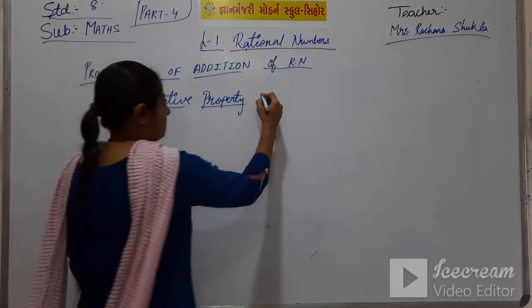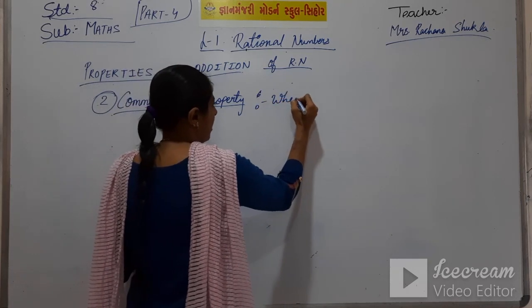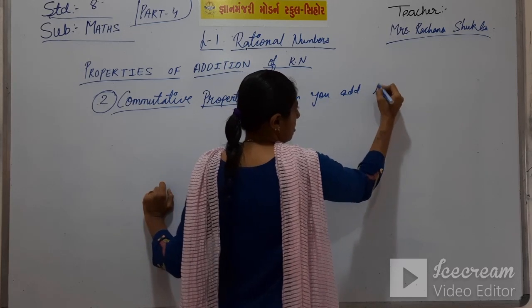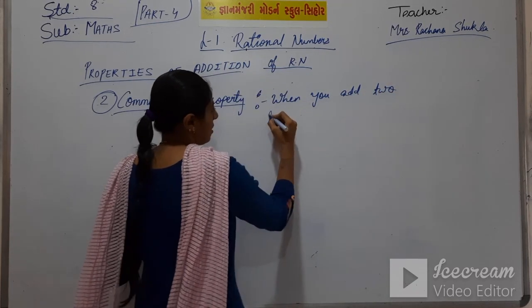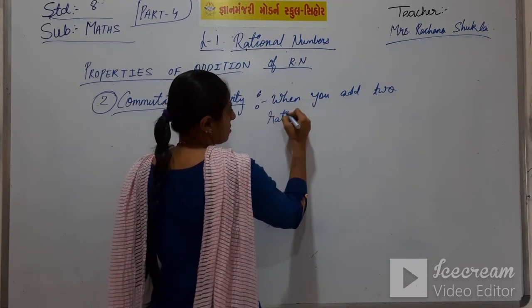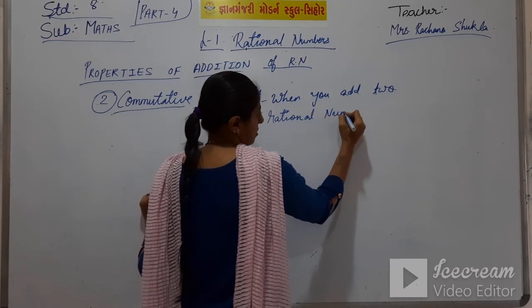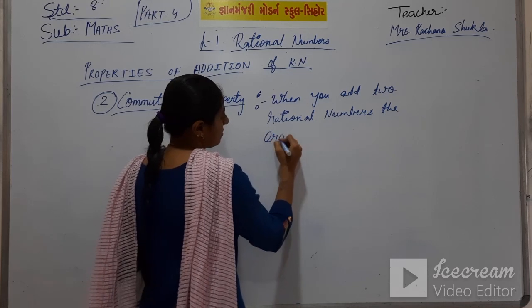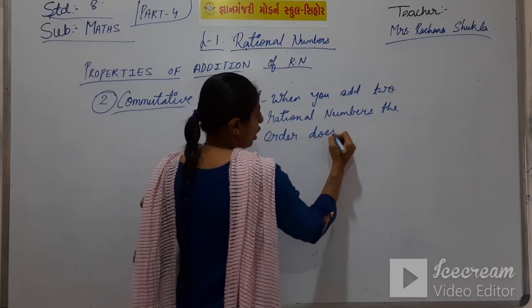Commutative property. When you add two rational numbers, the order does not matter.